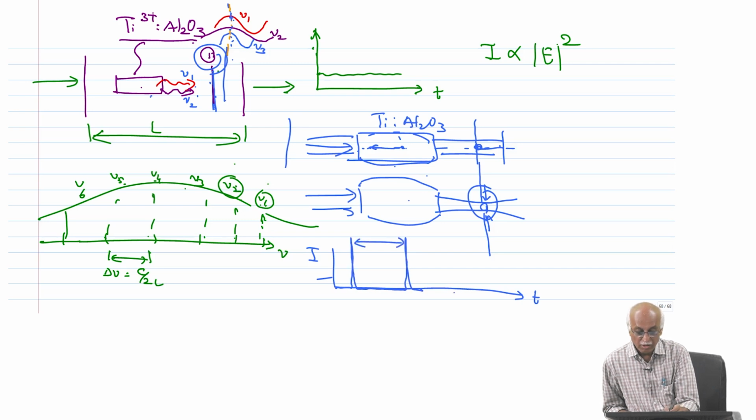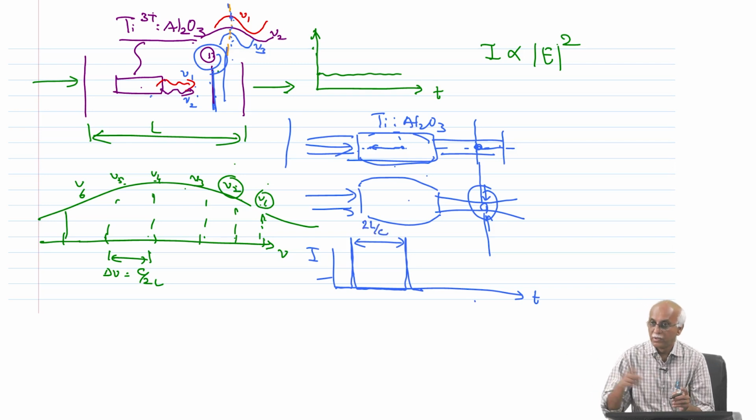One round trip in terms of time is equal to 2L divided by C, the speed of light. So, the time taken for one round trip in the laser cavity of length L is 2L by C.